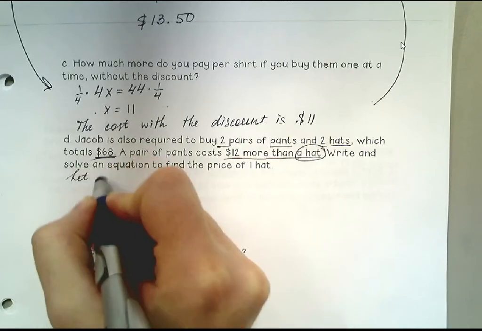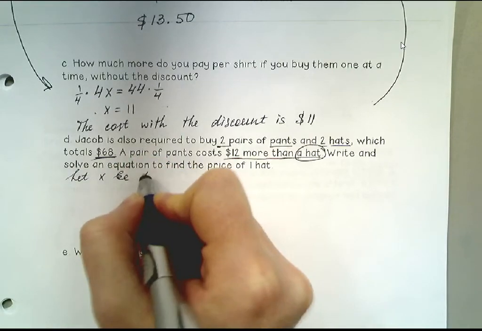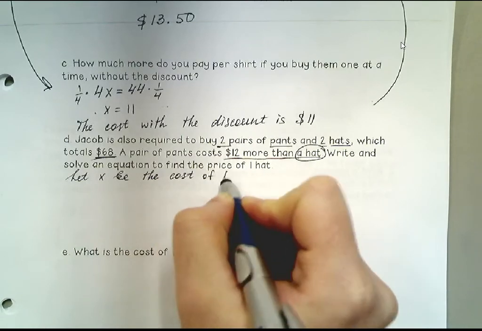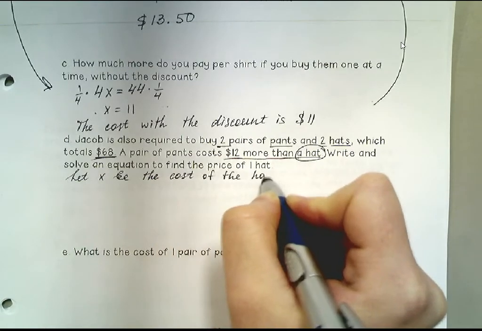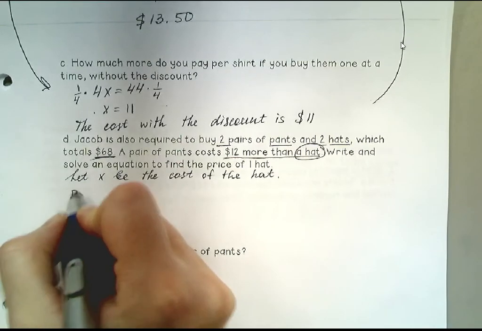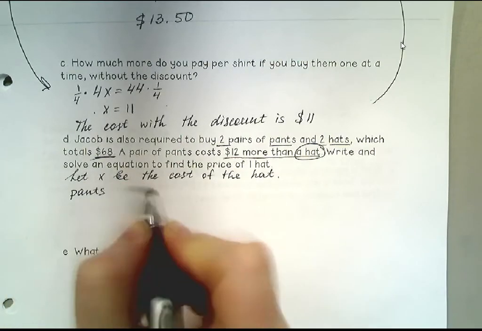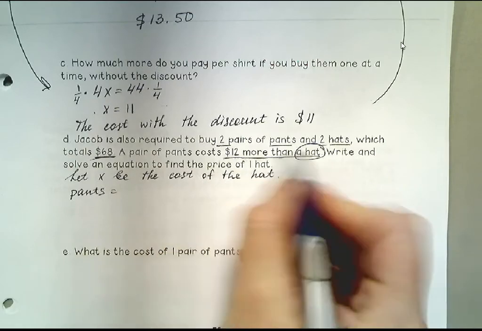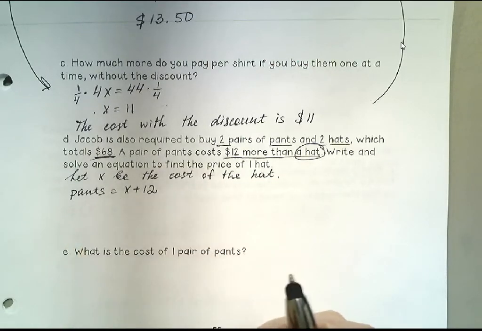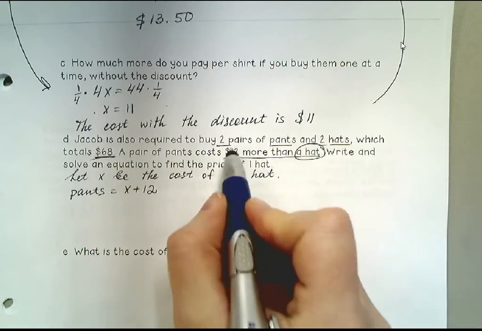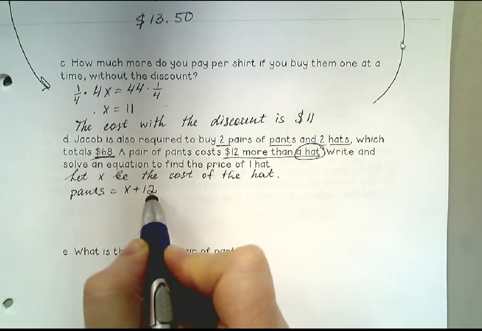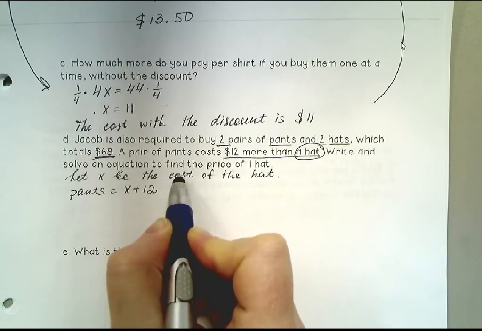So let x be the cost of the hat. Then the cost of the pants is going to be $12 more than a hat, so x plus 12. We know that we have two pairs of pants and two hats.